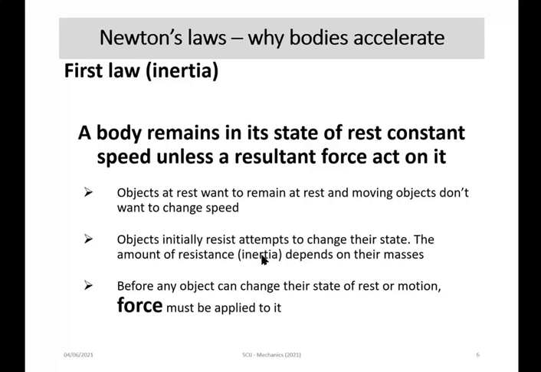But if you have a toy car which is designed just as the heavy duty vehicle, you can give it a small push and it will start accelerating. The reason is that the heavy duty vehicle resists the force much better than the toy car. So the inertia, the amount of resistance, depends on the mass.